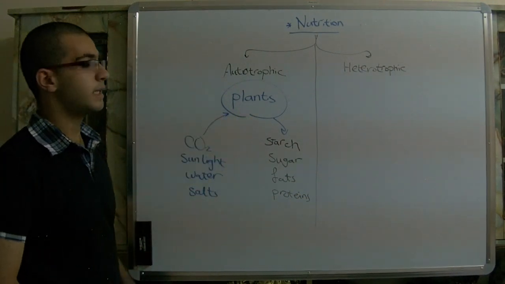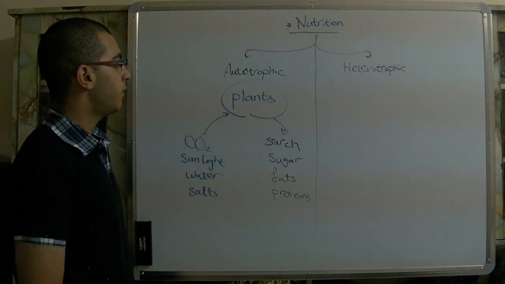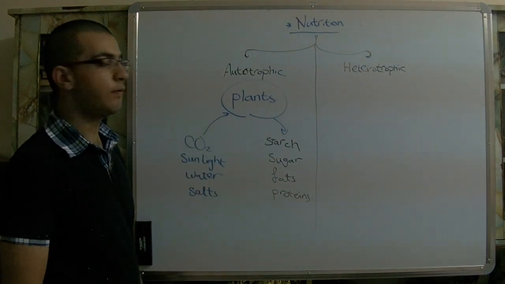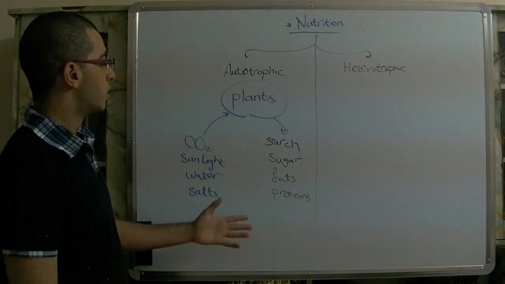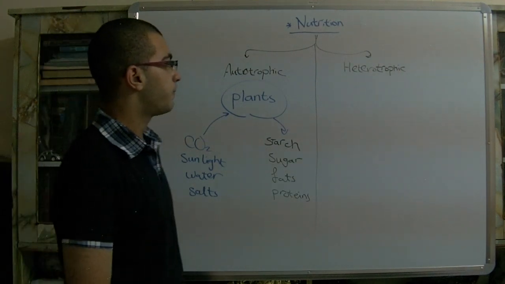So here the plant is an autotrophic because it's a living organism that manufactures its food by itself and doesn't depend on any other living organisms for this aid.